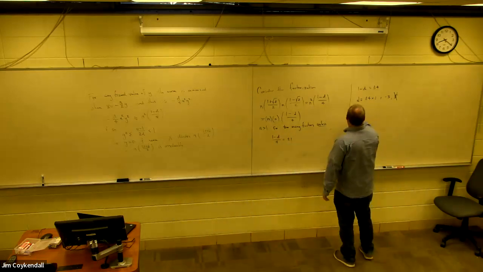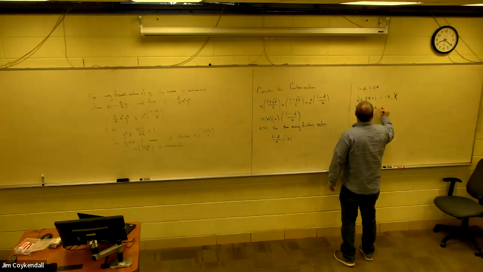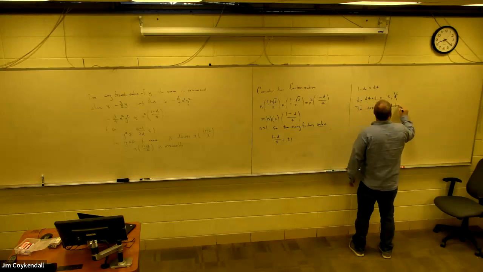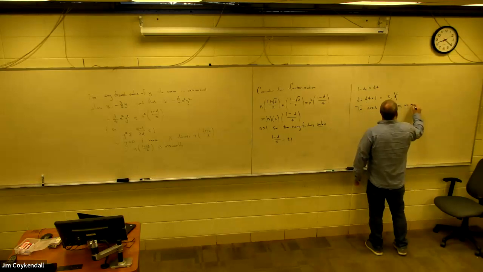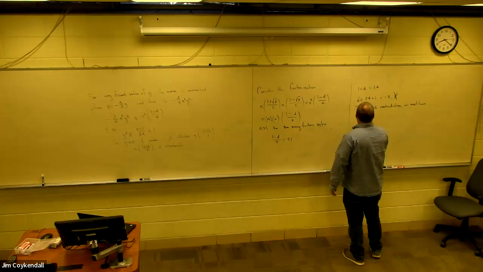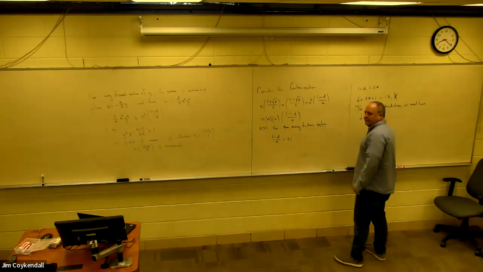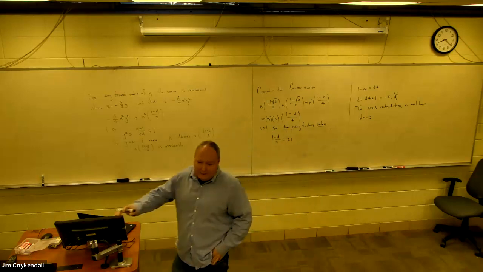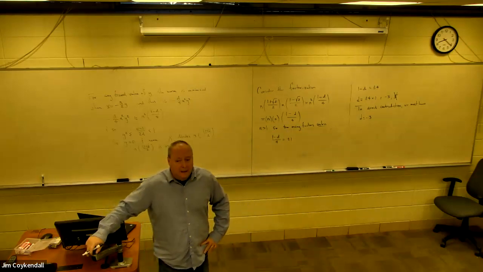So to avoid contradiction, we must have d is -3, right? Gotta have that. And what else do we have to have? n must be prime.